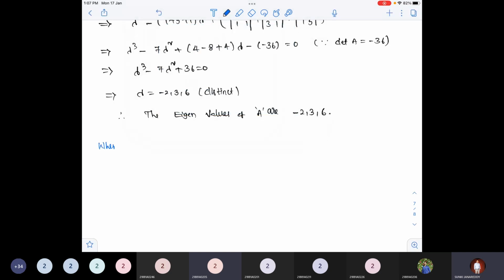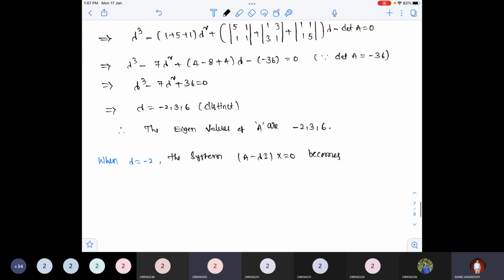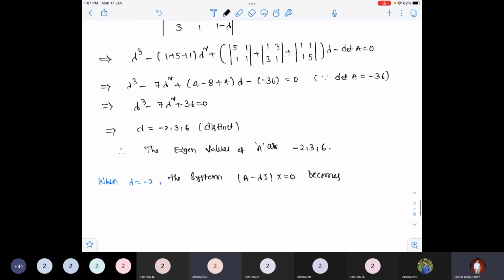When lambda is equal to minus 2, the system A minus lambda I into x equal to 0 becomes, tell me how it becomes. Any one of you please tell me.